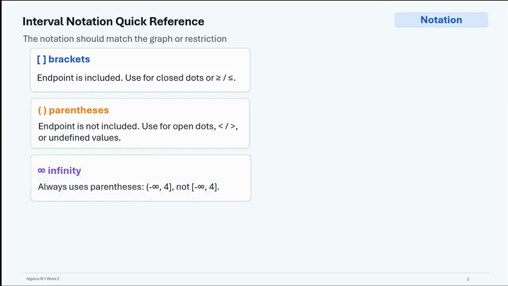If we use infinity, let's talk about infinity here. Infinity, sideways 8. Infinity always uses parentheses.